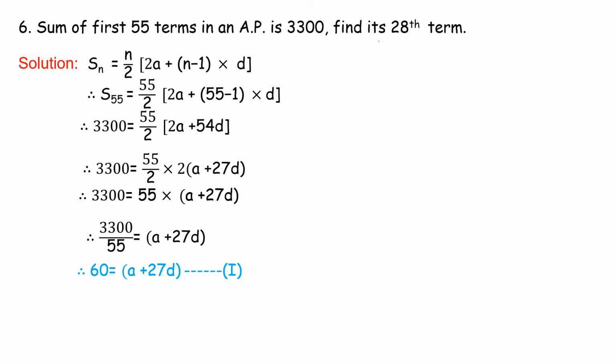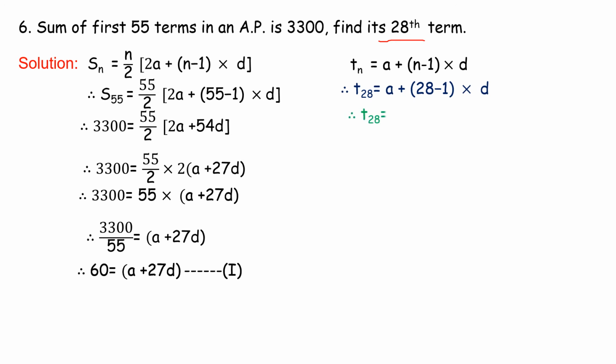Now let's find the 20th term. By the formula for the nth term, a plus n minus 1 bracket complete into d. 20th term means replace n by 20. Therefore 20th term is equal to a plus 19d.